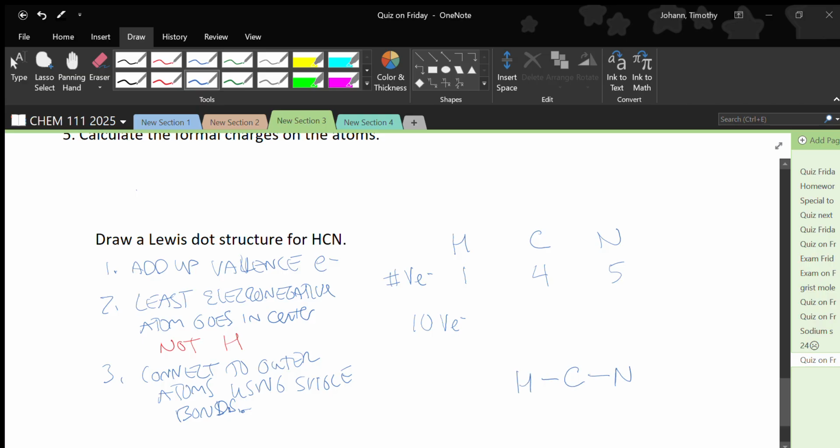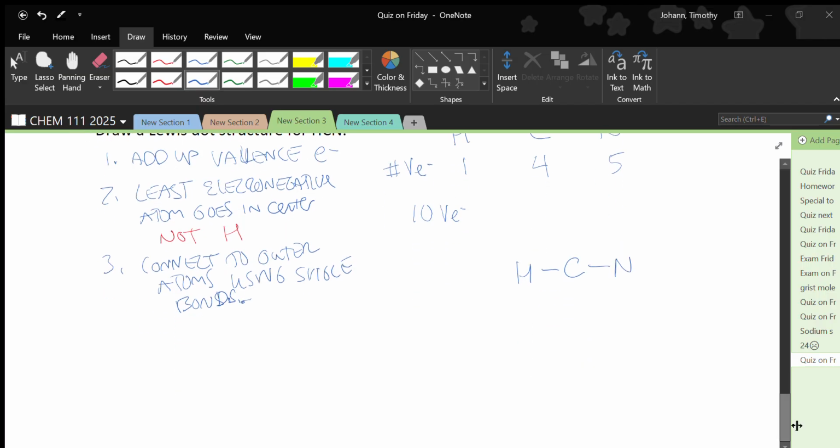We're doing them in the same order, okay? Next, fill. I'm going to actually have added a step here. Fill outer shells of outer atoms.